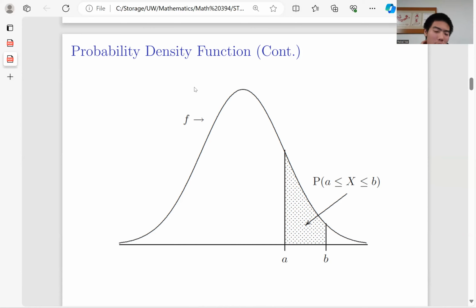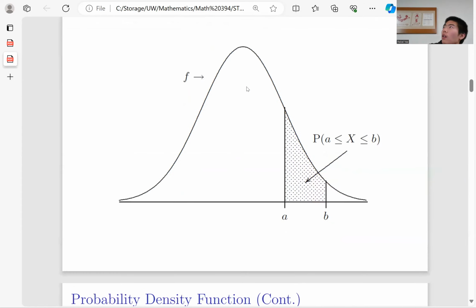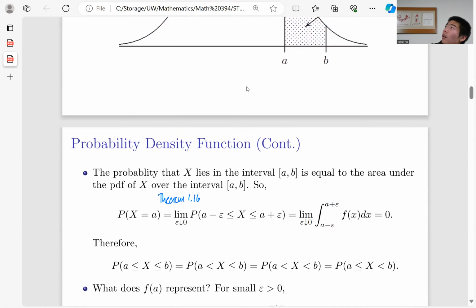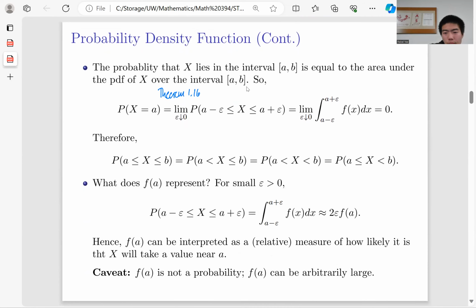That's not what we expect for the area. So the maximum value of the probability density function can be any value you like: it can go very low, like 0.01, or it can go to a million.